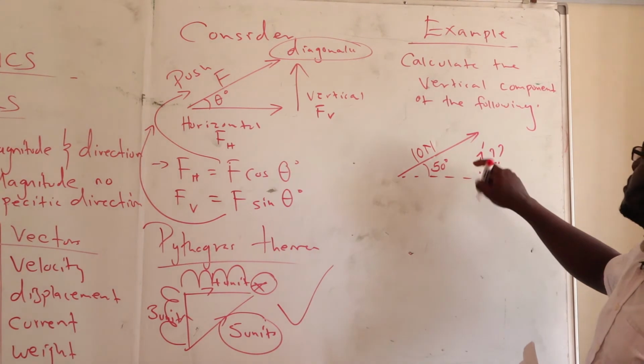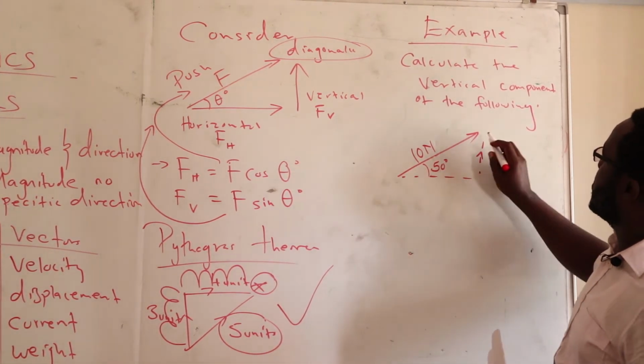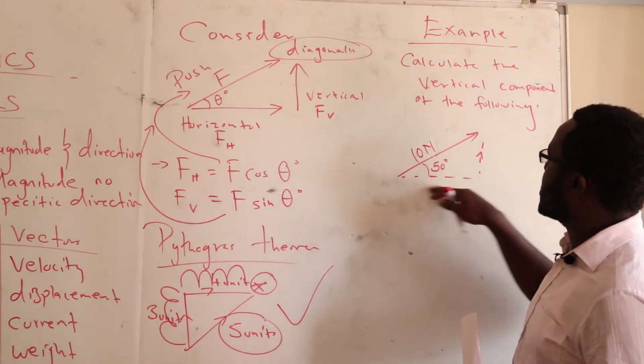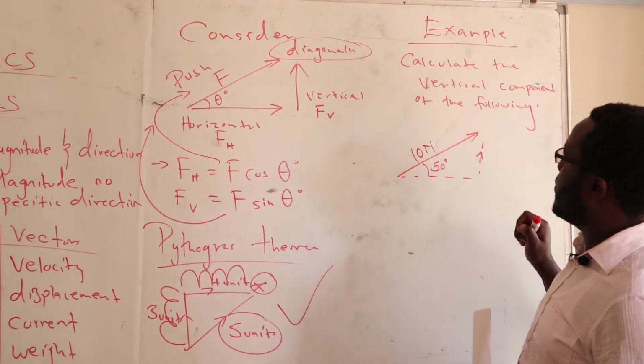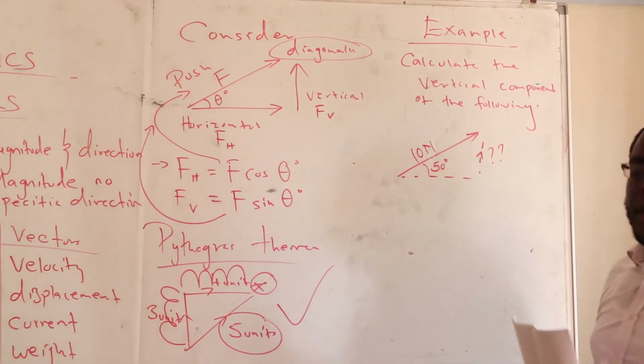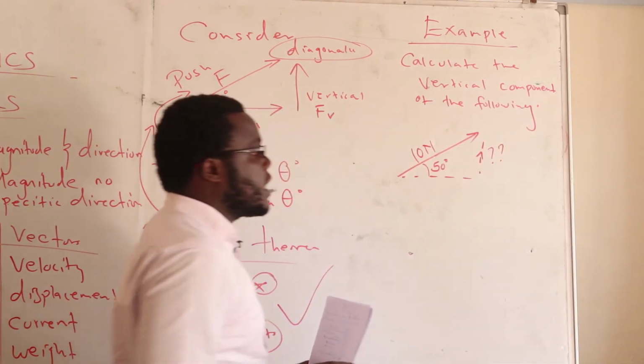So this was 10 newtons. The diagonal force was 10 newtons. The angle between the surface and the diagonal force is 50 degrees, but you're being asked for the vertical component of that force. So how do we calculate that? We can calculate it this way.